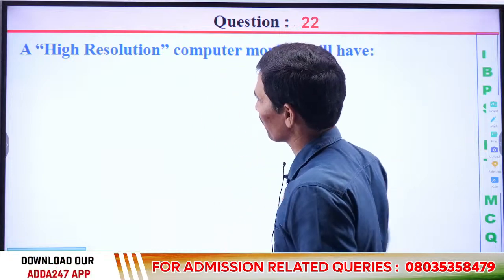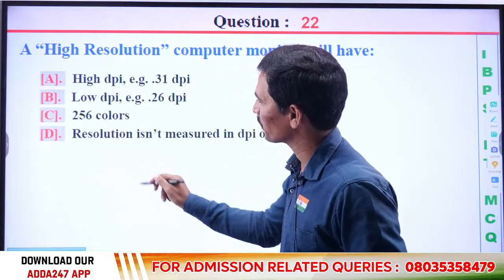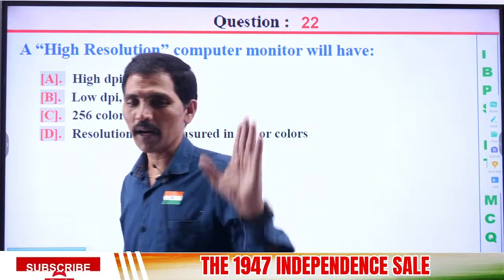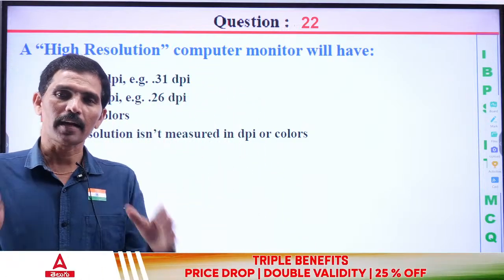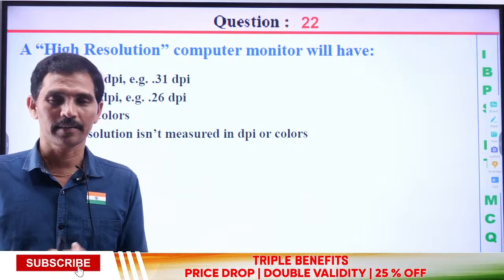Now see, I am giving these options. From those options we need to choose. How can you judge the resolution of the screen is very high?